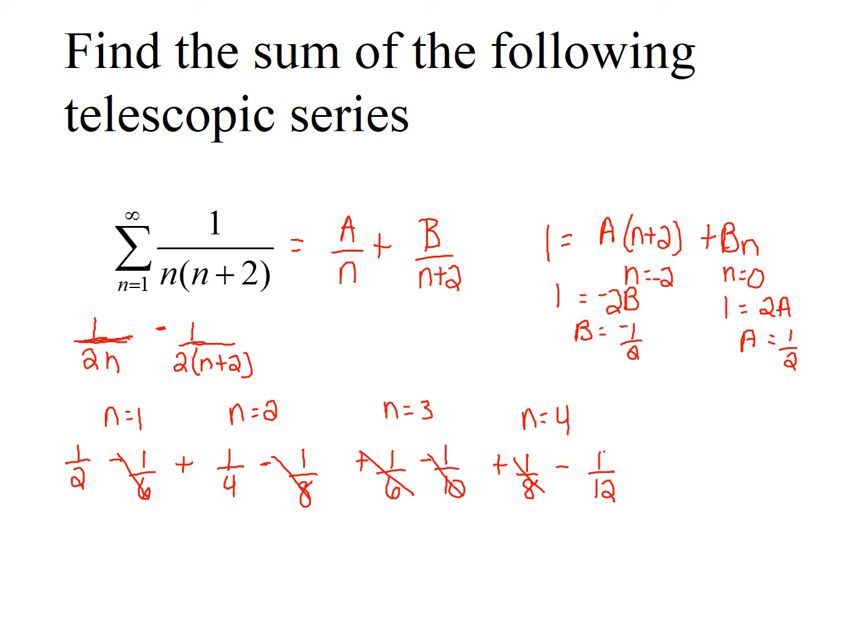What will not collapse, well, I'll never have another 1/4, because if you notice, these are increasing. So I'll never have another 1/4. So my sum is 1/2 plus 1/4, and that's my sum. Okay, let's try one more.